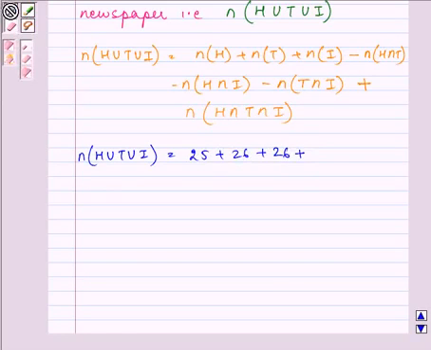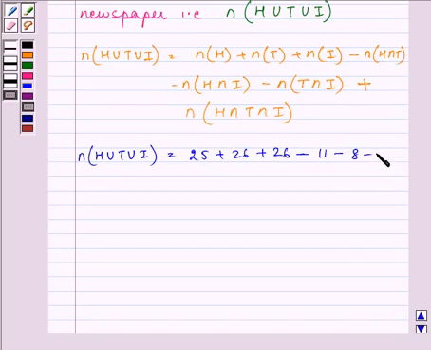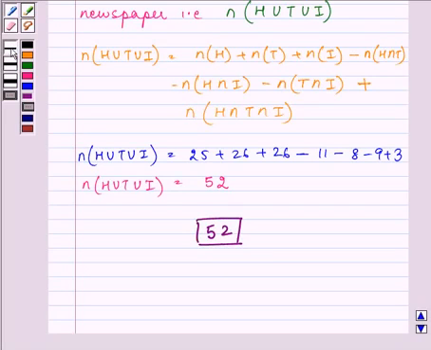Then we need to subtract, so minus H intersection T, that will be 11, minus 8, minus 9, but plus 3, that is the number of elements that are common to all the 3. So the answer comes out to be 52. So 52 is the answer of the first part, that is the number of people who read at least one of the 3 newspapers. So this completes the first part.